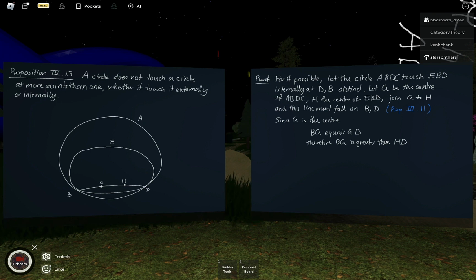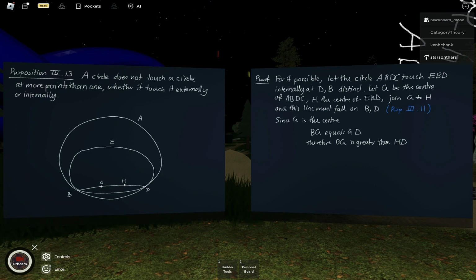So start from G, produce a line from G to H. Could you produce it from G to H, keep going, and hit both B and D, so that they're on the wrong side for this picture? Well, D is a point on the outer circle, so that line would have to meet the outer circle at two points traveling in that one direction, which is clearly impossible, but that's a little bit picture-based reasoning.